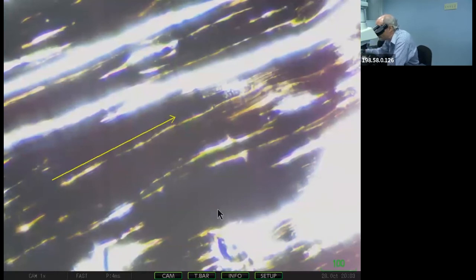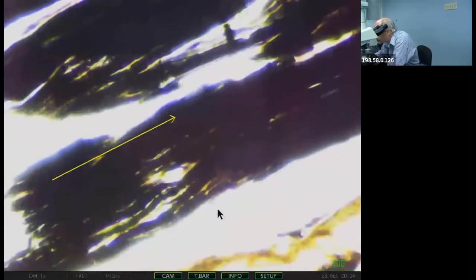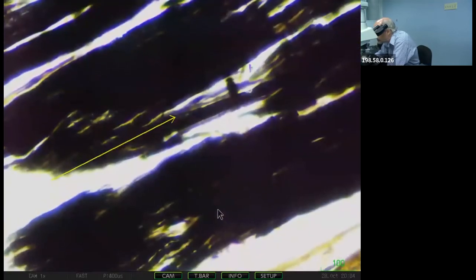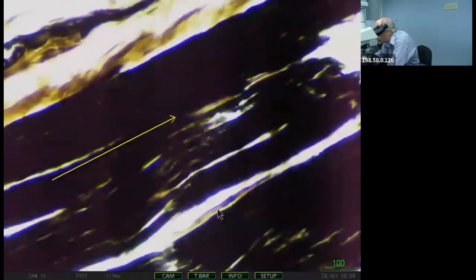So it might correspond to your node of Ranvier, but it's difficult to show you because of the light, which is not very stable.